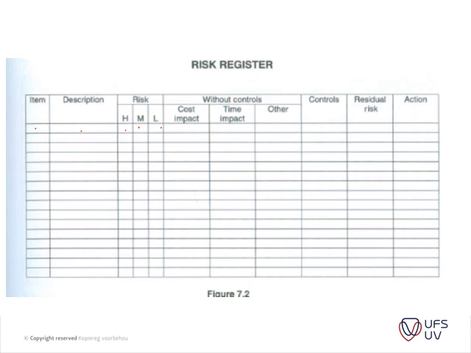What's the cost impact, time impact, or other impact that it may have? How will you mitigate it? And then if there's residual risk, you've got an action to actually address that risk. So it's very plain and simple. The biggest issue usually is to actually just sit down and identify all your risks, because as you will see later on, if you don't identify risk, you cannot do anything about the risk.